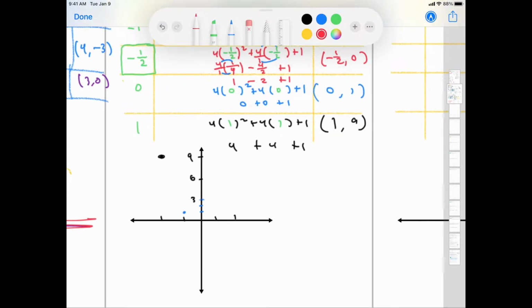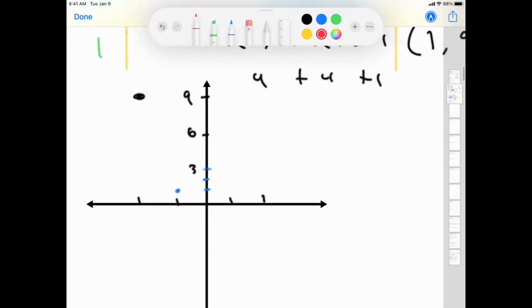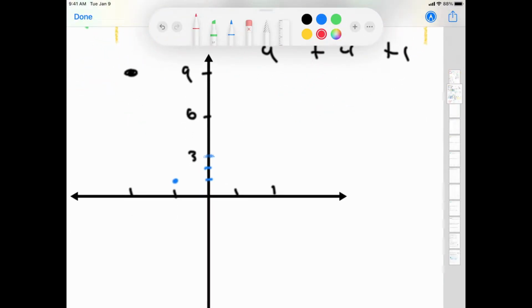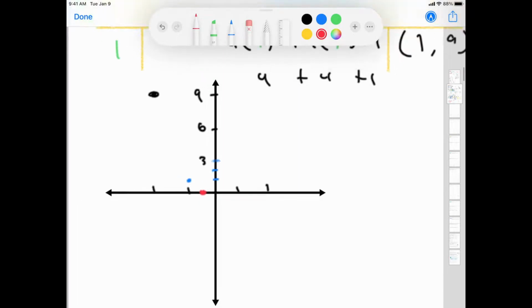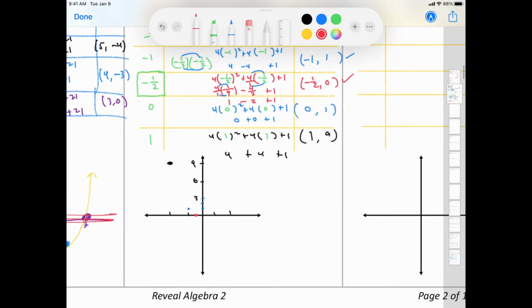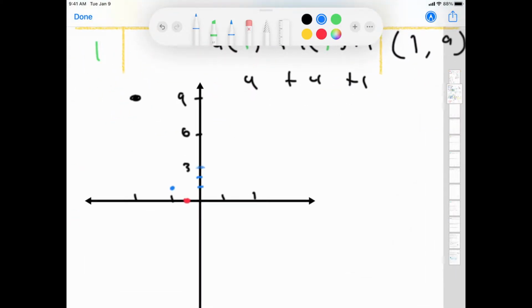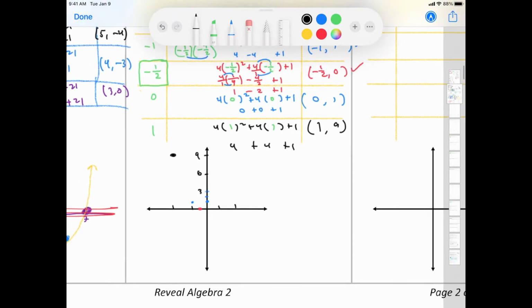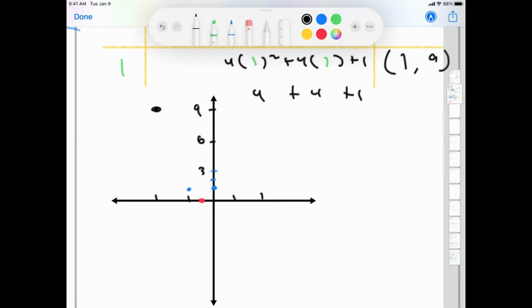Okay, here's my vertex, negative 1/2, 0. So I'm going left, negative 1/2, and staying, right? That's this one up here. And then 0, 1. So that would be right here. And then 1, 9. Right 1, up 9.